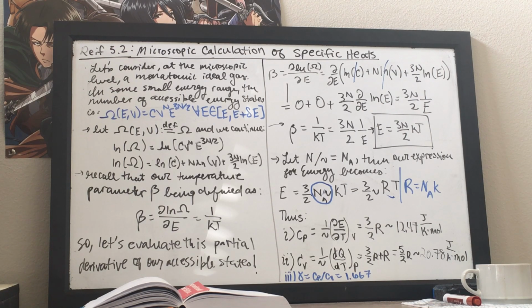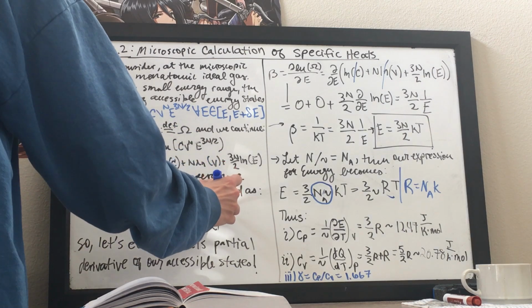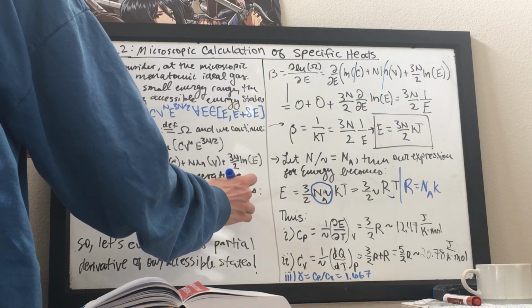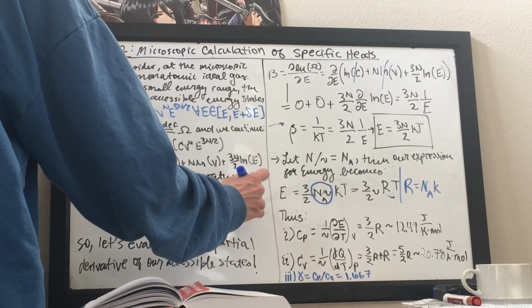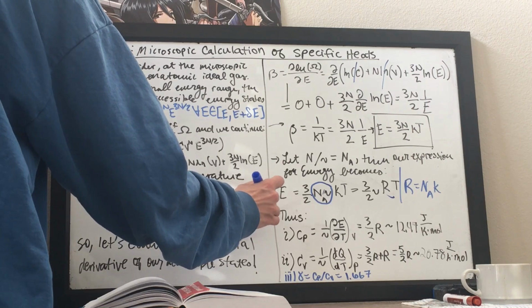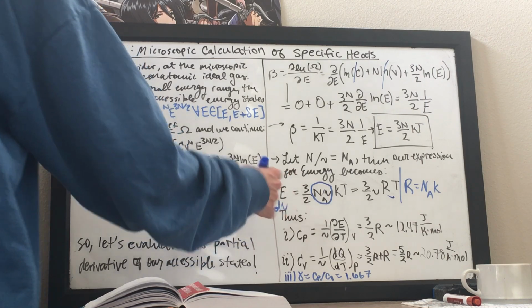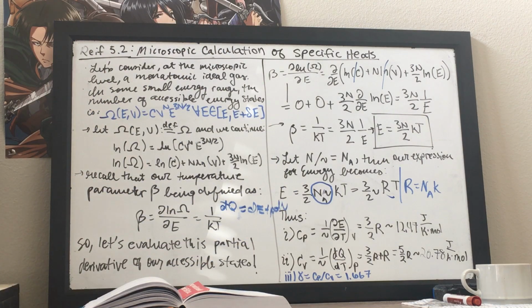Similarly, if we take a derivative with respect to Q, which we had in our previous video, and I believe we express it as something like dQ is equal to dE plus P dV, and then we do some substitutions from the ideal gas law.